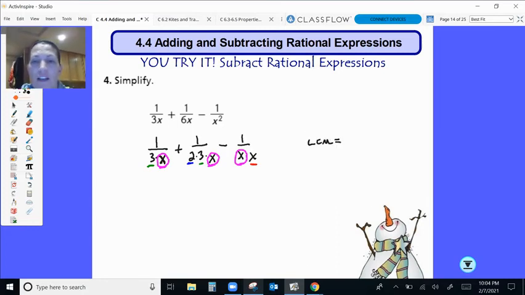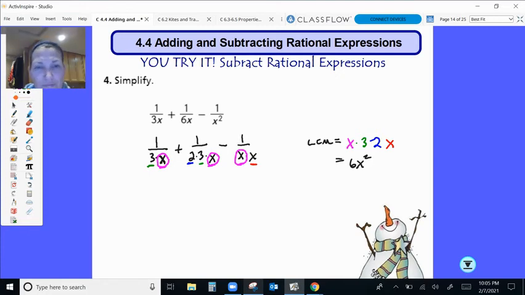My LCM is going to be equal to my x, which is all in common, plus I need to add the 3 to it, plus I need to add the 2 to it, plus I need to add that extra x to it, right? So that LCM is going to be equal to 6x squared. Okay?